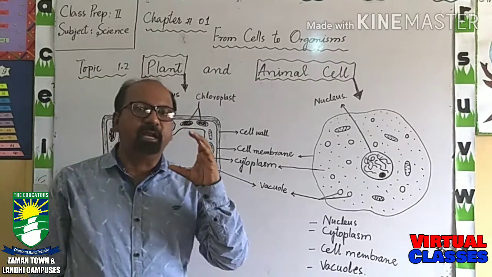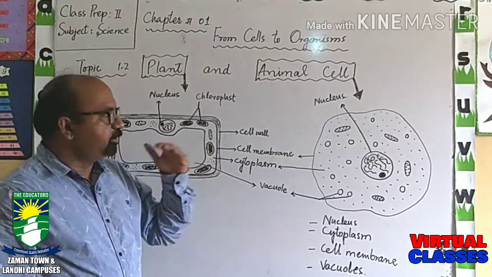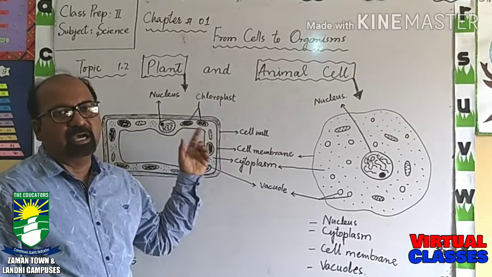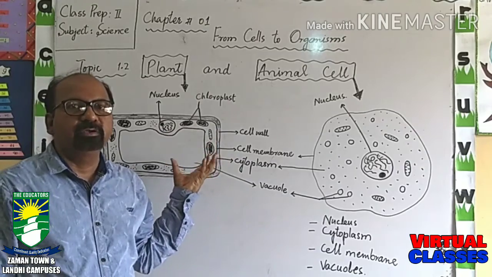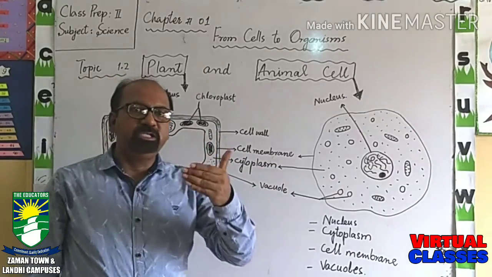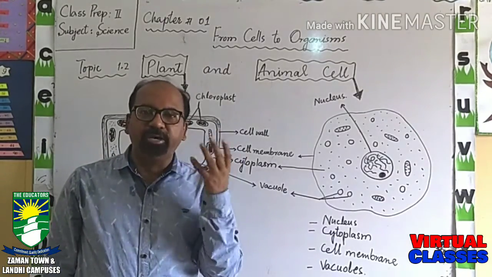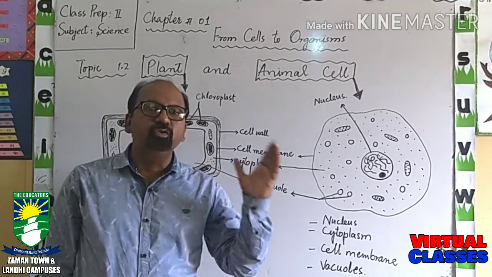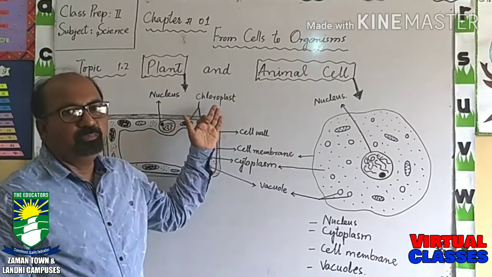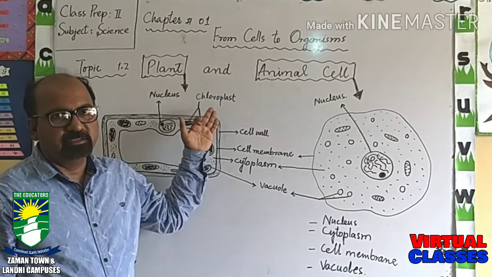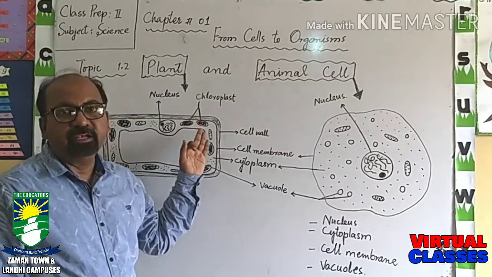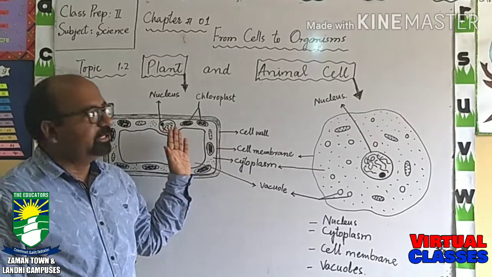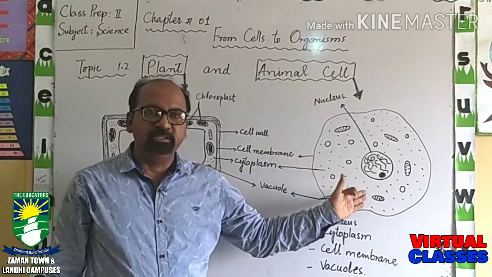Chlorophyll is a green color pigment with which the chloroplasts are made up of. This is the reason the plants look green. So if the question comes, why the plants look green? The answer is due to the presence of chlorophyll or chloroplast, plants look green because it is green in color, but it is absent in the animal cell.